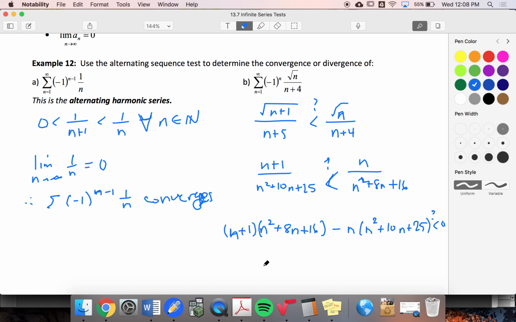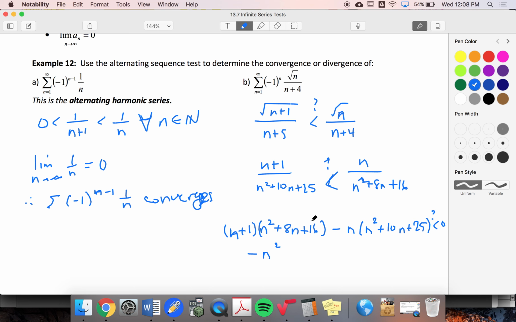Of course, you're always going to have your calculator on these papers. So I could put this into my calculator right now and just stop my algebra and determine if this is true. Or I can expand it. So I'm going to have n cubed here minus n cubed. That'll go away. I'll have 8n squared plus n squared is 9n squared, minus 10n squared, so that's negative n squared.